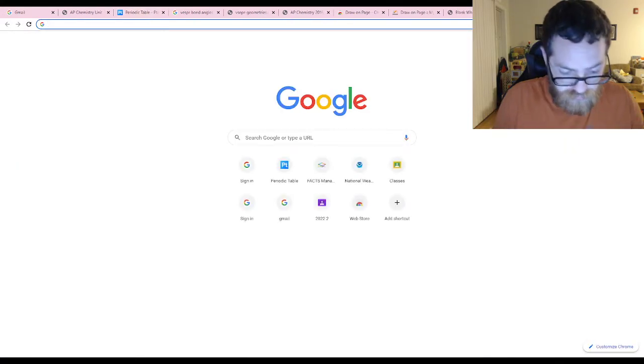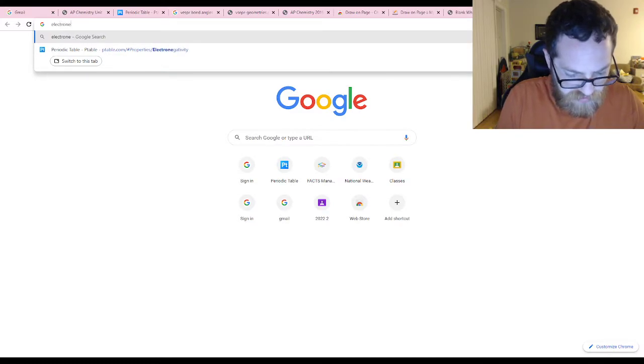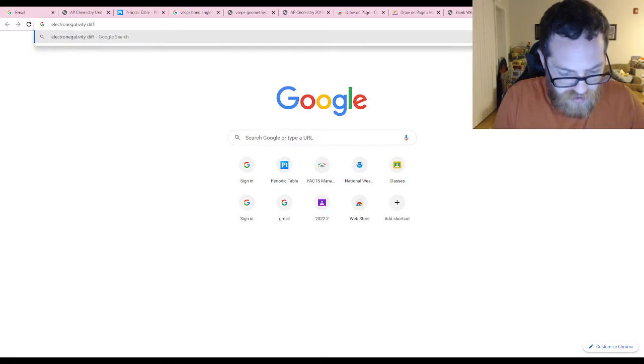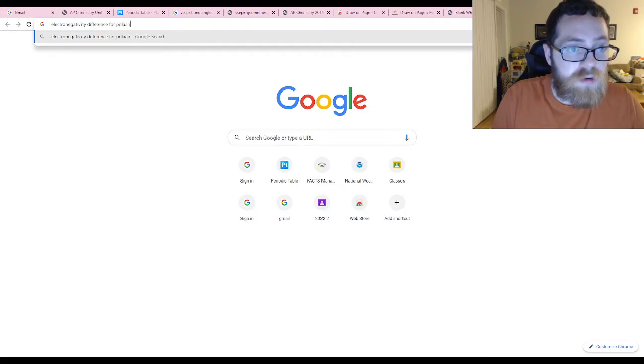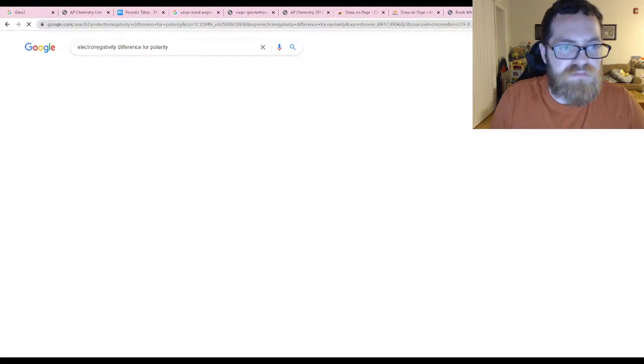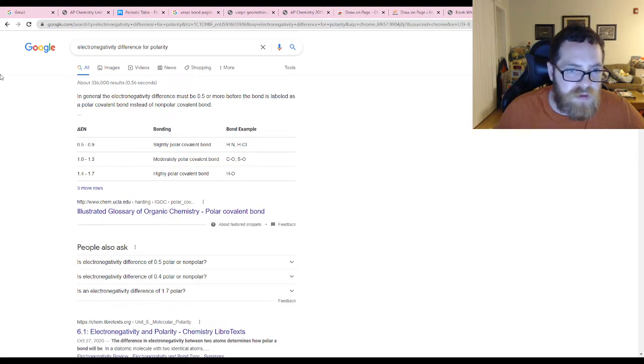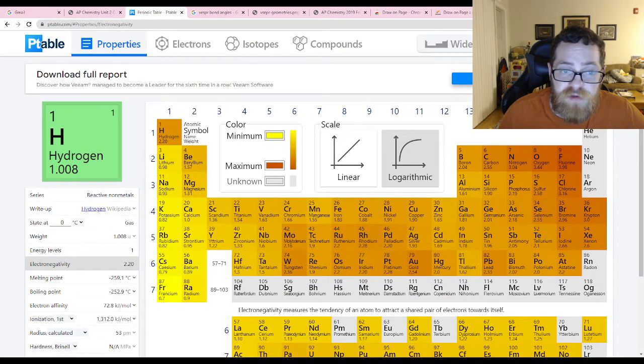But let's check on that, because most of the time we won't really be looking at minor differences. Yes, it is 0.5. So, for a bond to be labeled as polar, most of the time, there has to be a greater than 0.5 difference in electronegativity.